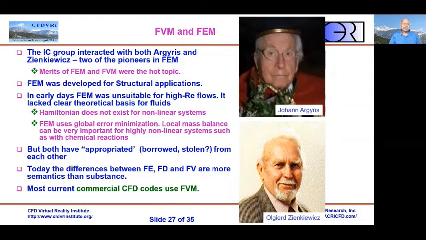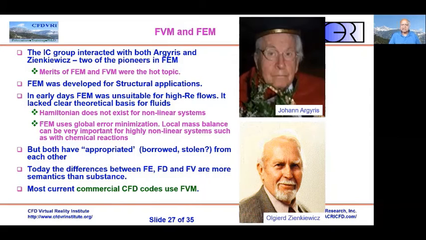The other problem with finite element was that it uses global error minimization. You don't ensure that each control volume, or each node or each element, has a minimum threshold. You only assure that the overall global error is minimized. That may mean at some points the error may be high, at some points low.